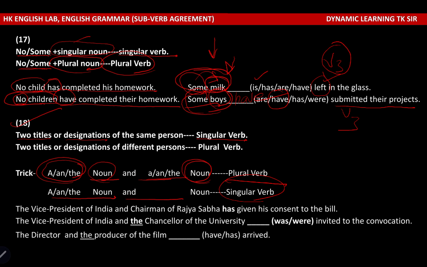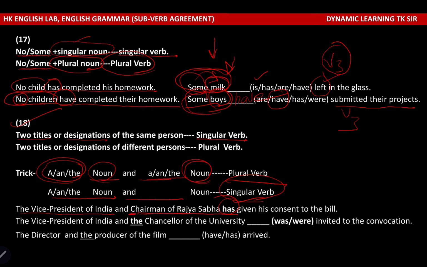Okay, if you got it, then look at here. The vice president of India and chairman of Rajya Sabha. Before chairman of Rajya Sabha, I haven't used any a or the, means he's one person with two designations. That's why the right answer will be has given.